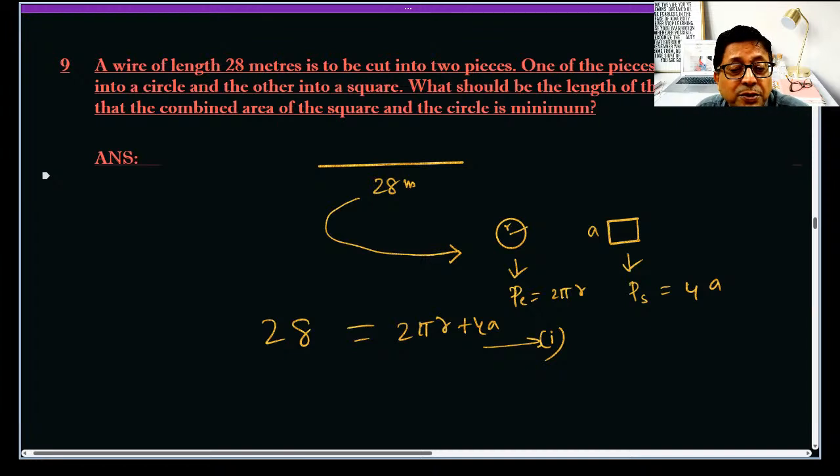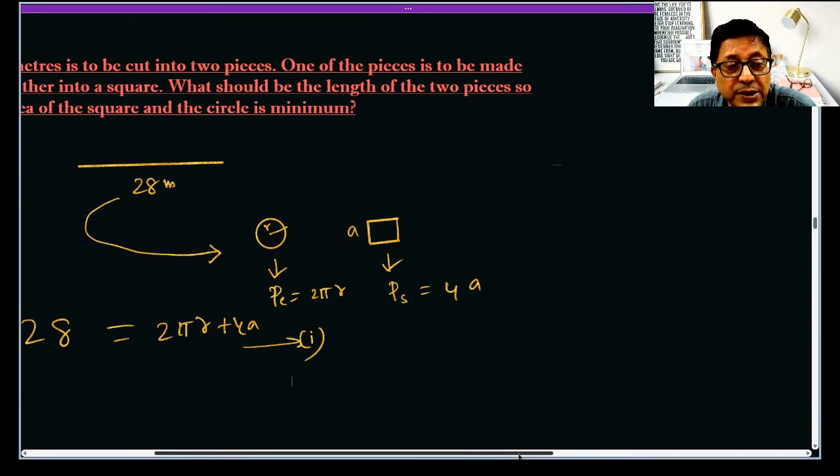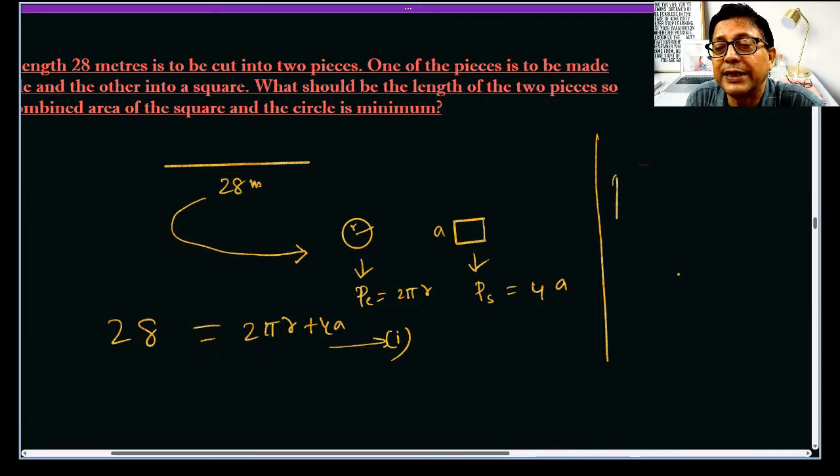Now we have to maximize or minimize what? Minimize the combined area. Let us write the combined area: A equal to pi r square plus a square.